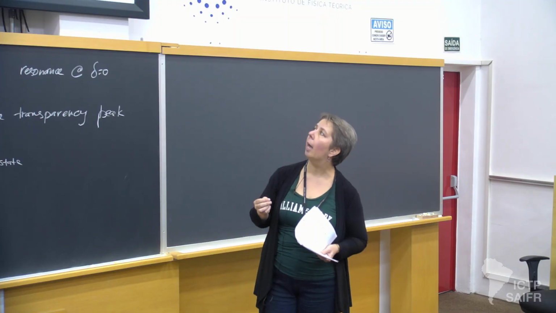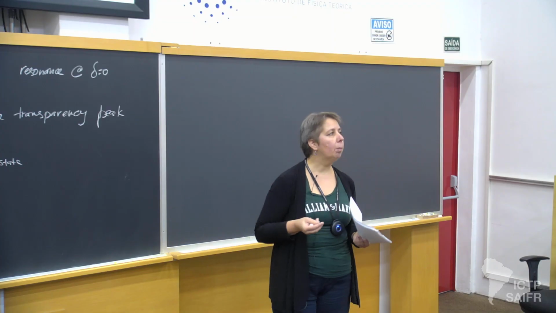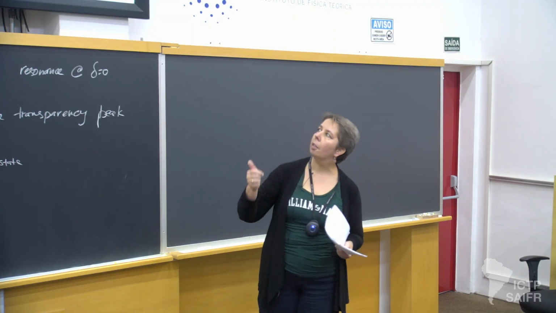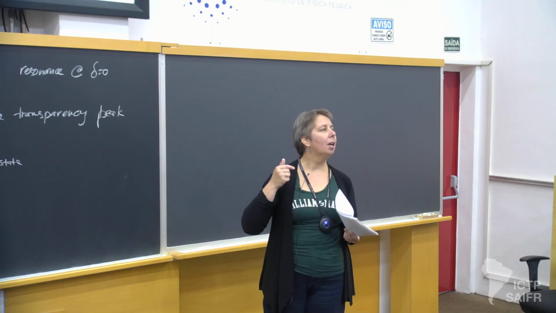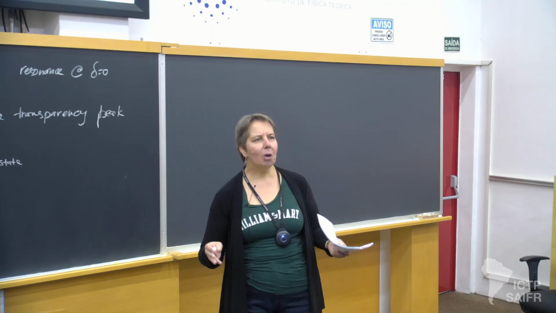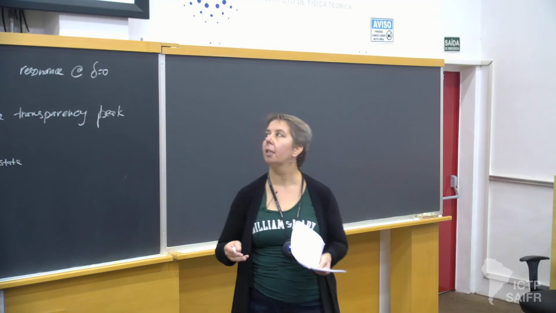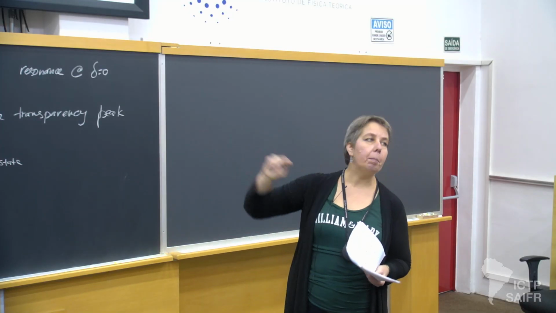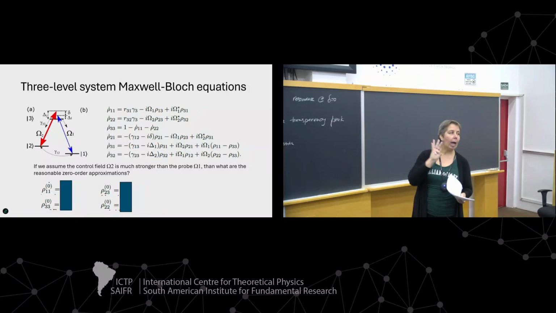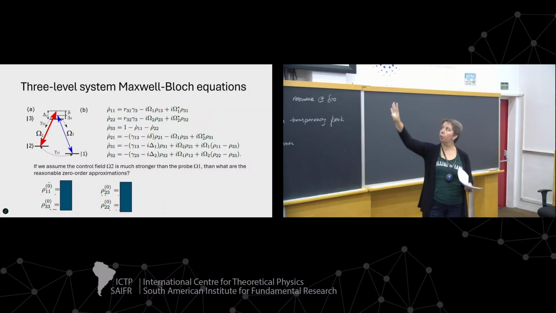Let's assume that. For this solution, we need to make a zero-order approximation about the coherences and populations in this system. Again, early in the morning, let's wake up a little bit. What would be a zero-order approximation in this case? We can actually guess the populations of the three levels pretty well.